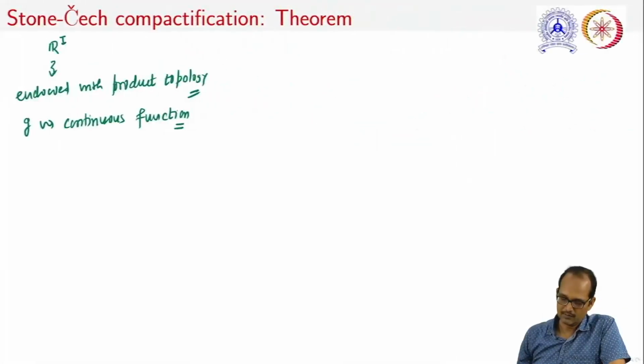Now we can justify the image of Y under this g.